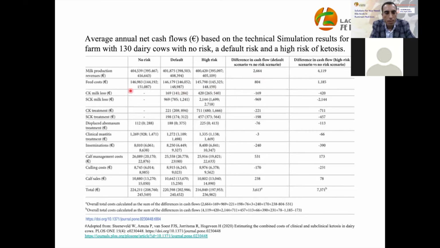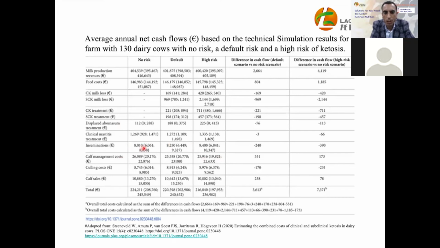And in the same sequence, they calculate the difference in each of these parameters: feed cost and clinical ketosis for milk production, because of the clinical and subclinical ketosis incidence, and also the cost of treatment, the cost of displaced abomasum, mastitis, insemination, and calf management also.